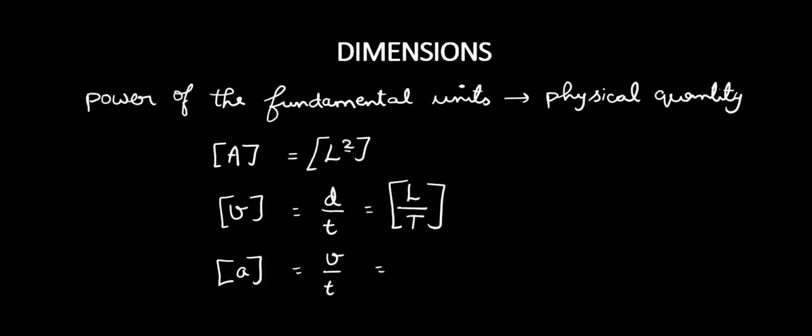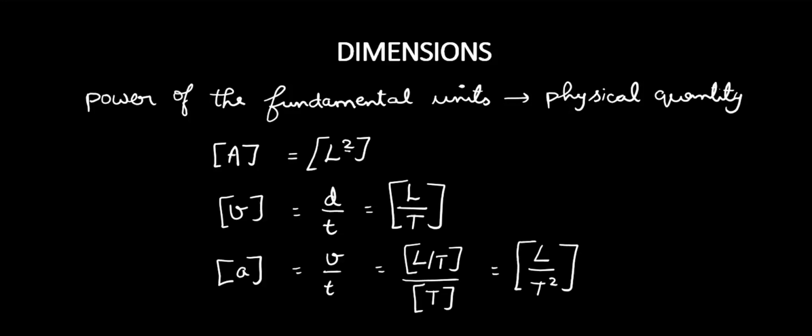We know the dimension of velocity, which is length by time, divided by time, and this can be written as L by T square, or L T power minus 2, because we have the T term in the denominator which has the power 2.